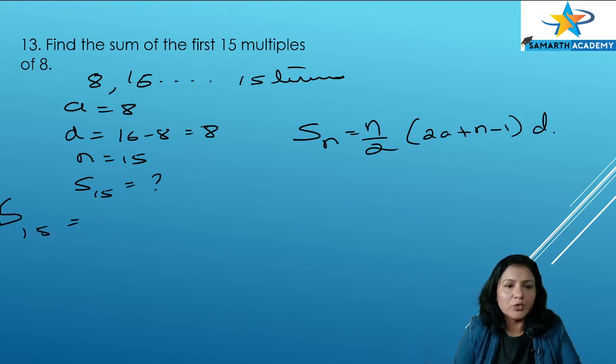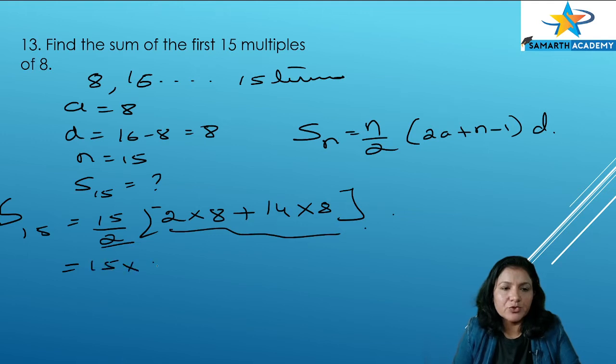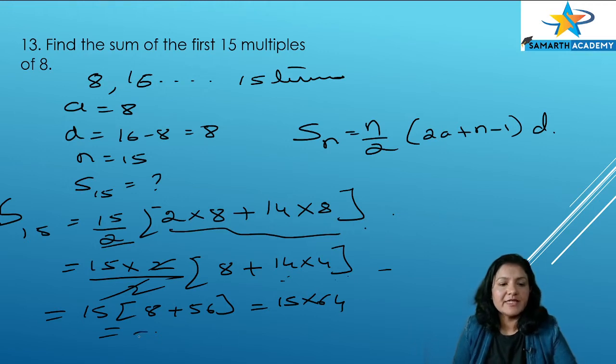S15 equal to 15 by 2 into 2a, 2 into 8, plus n minus 1, that is 14, into d is again 8. So we will take 2 common from this and cancel with this 2. So 15 into 8 plus 14 into 4. So 2 gets cancelled. 15 into 64 is 960.